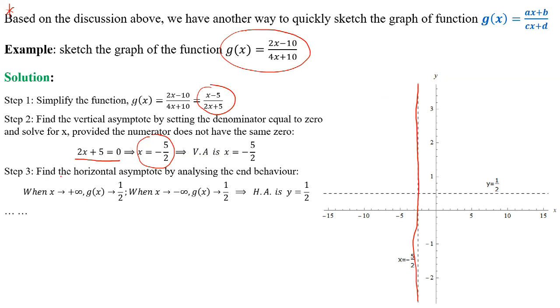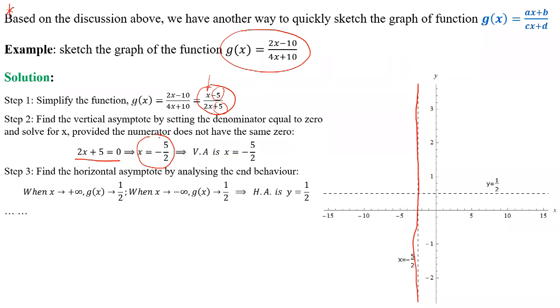Step 3, find the horizontal asymptote by analyzing end behavior. According to the expression here, we can see that when x approaches positive infinity, g(x) must approach 1/2, right? Why? Because when x is a very large number, the constant terms can be ignored.